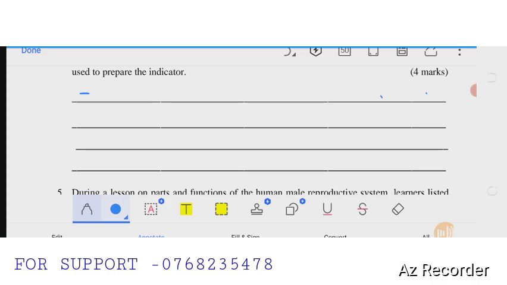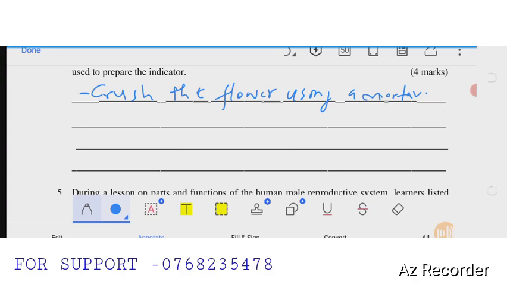So the first step is crush the flour using a mortar and a pestle.